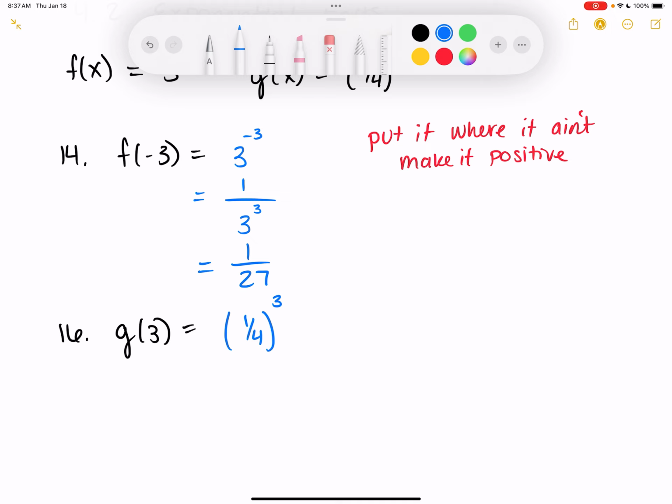So this is basically 1 cubed over 4 cubed, but 1 cubed is just 1. So 1 over 4 cubed. What is 4 cubed? 16 times 4, 64? I think so. Yes, 64.